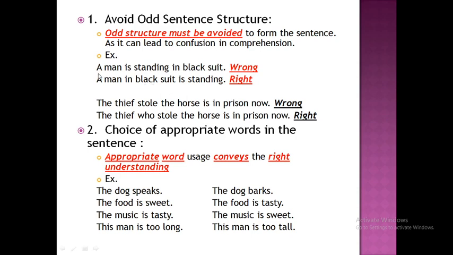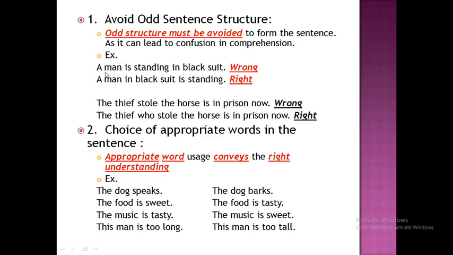The first example says: a man is standing in black suit, and I marked this sentence as wrong. The second one is: a man in black suit is standing. At first view, both sentences look perfect. But why is the first one wrong? Here, black suit is referring to a kind of structure in which a man is standing.